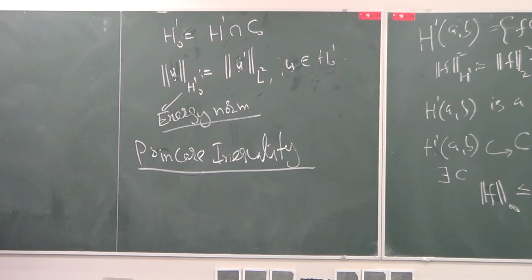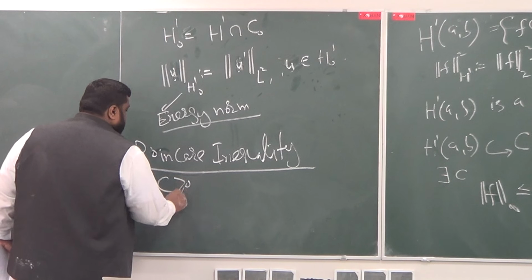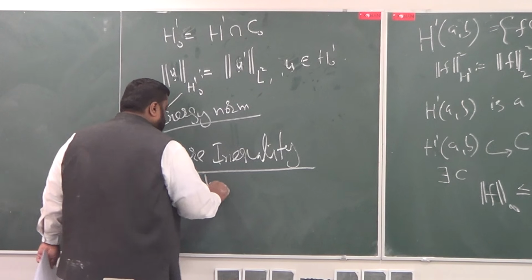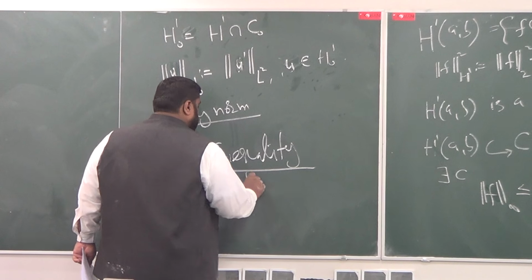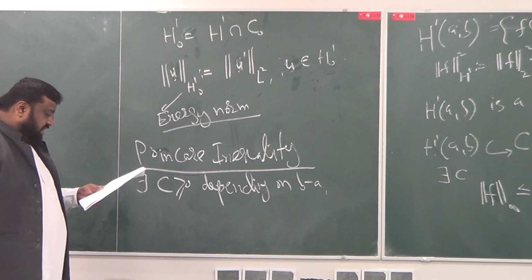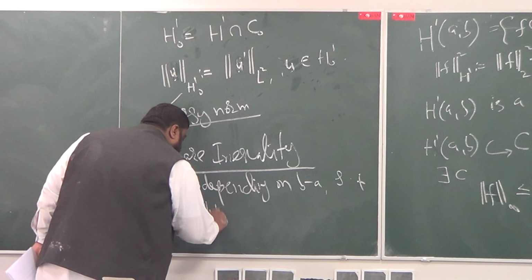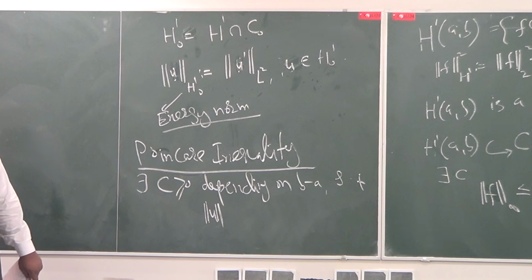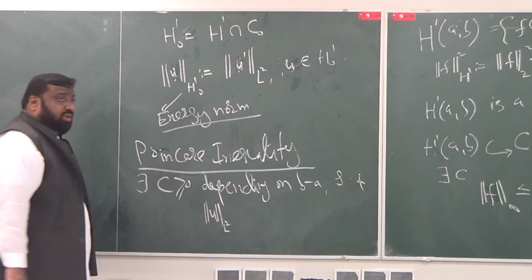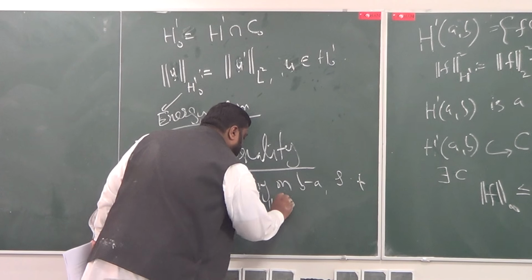So I'm going to prove the so-called Poincare inequality, and it says that there exists C greater than or equal to 0, depending on b minus a, in other words the length of the interval, such that the L2 norm of u can be estimated by C times the L2 norm of u prime.